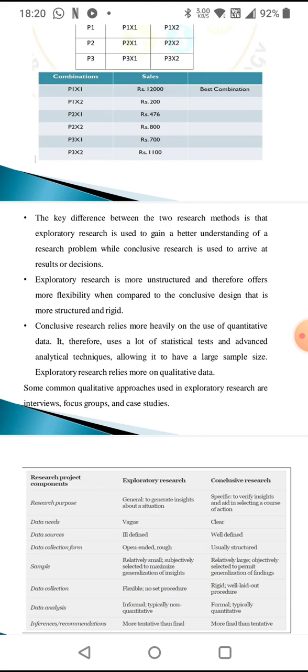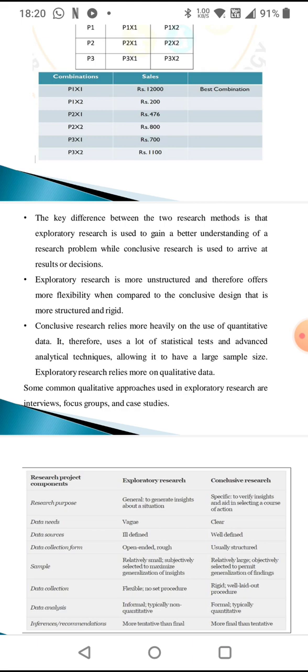The key difference between the two research methods is that exploratory research is used to gain a better understanding of a research problem, whereas conclusive research is used to arrive at a conclusion, decision or a result. Exploratory research is more unstructured and therefore offers more flexibility when compared to conclusive design, which is more structured and rigid.